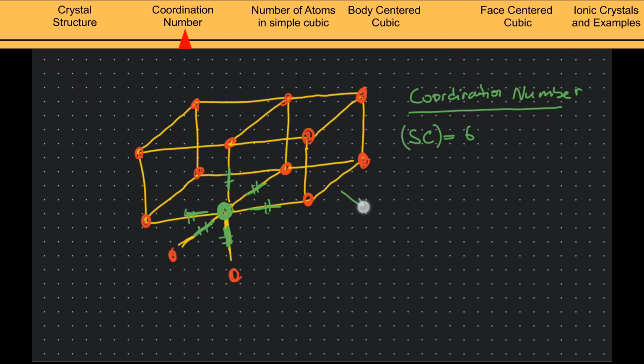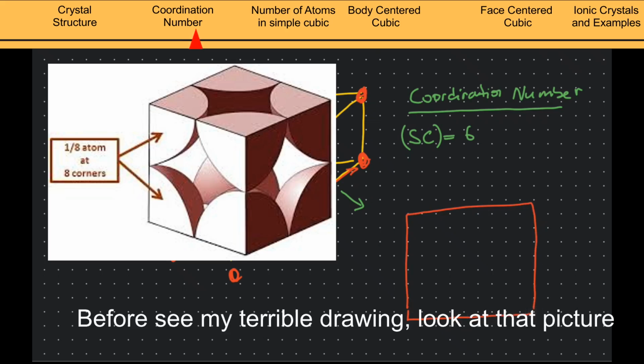This is the simplest representation, but we also draw a closed packing structure for the simple cubic. So these atoms have a connection or a bond between them, a metallic bond if it is a metal. And I want to draw it in a zoomed version. This is called closed packing.